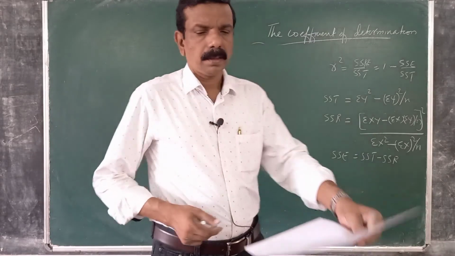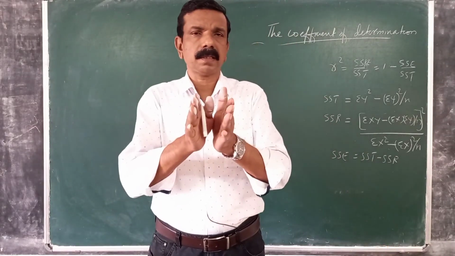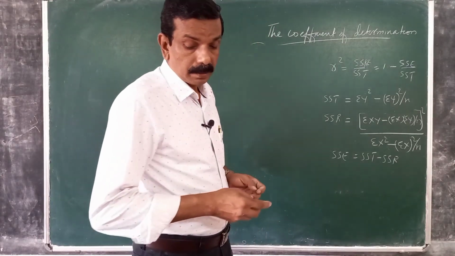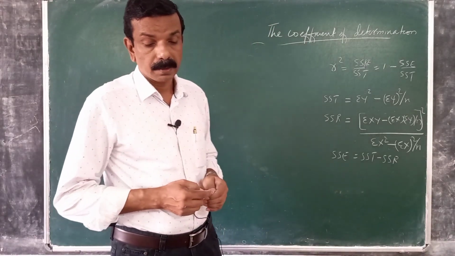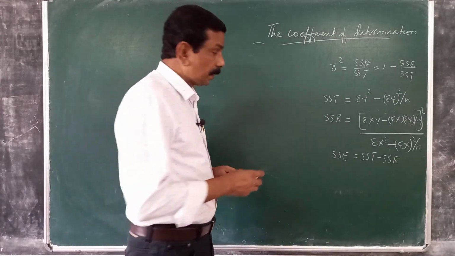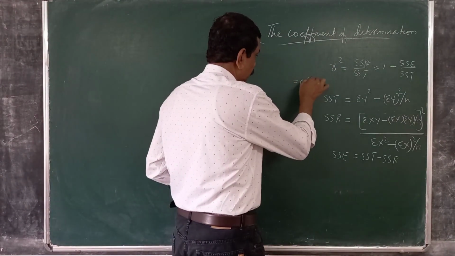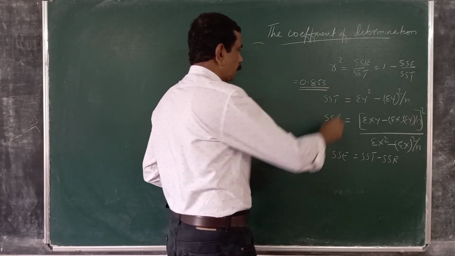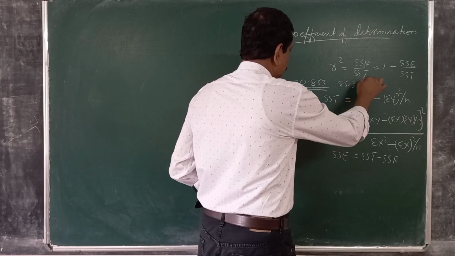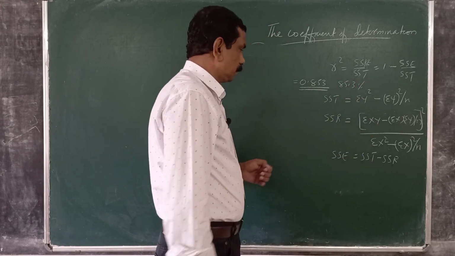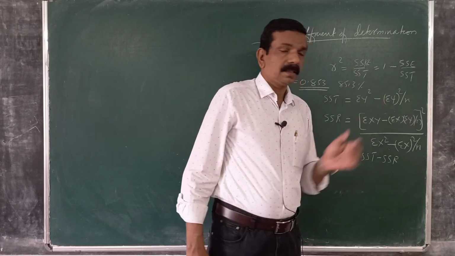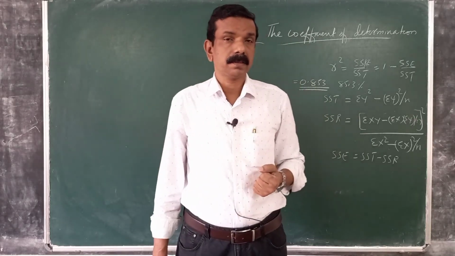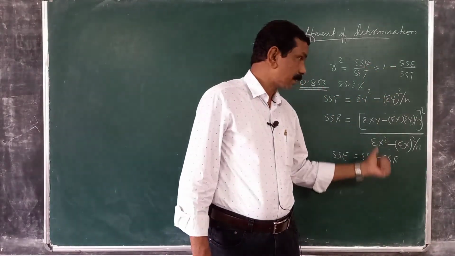In the example of the price and age of cars, the R square value obtained is 0.853. That is, 85.3% of the variation in the observed values of the response variable is explained by the regression line.